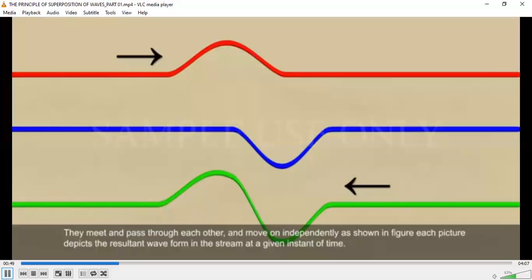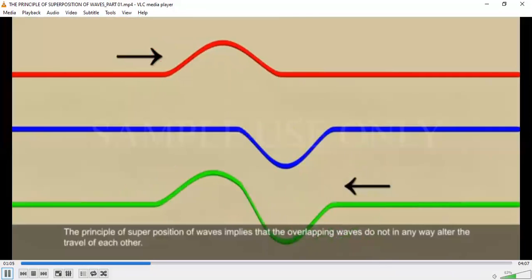They meet and pass through each other and move on independently as shown in the figure. Each picture depicts the resultant waveform in the string at a given instant of time. The principle of superposition of waves implies that the overlapping waves do not in any way alter the travel of each other.